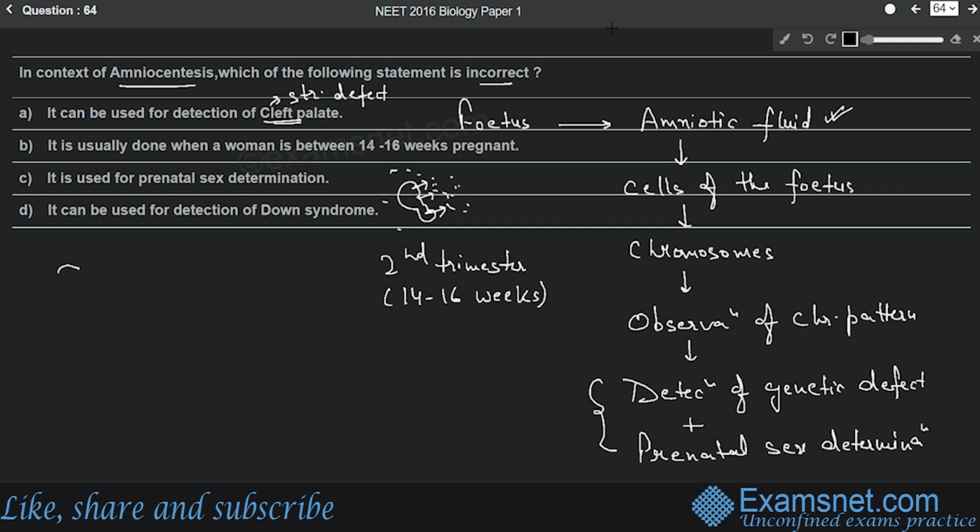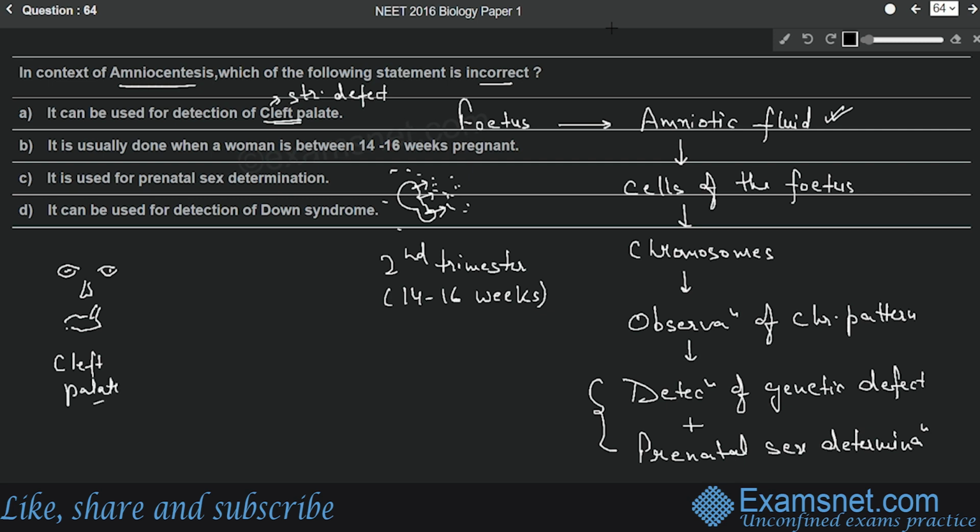For example, this is the face of the child. These are the eyes, nose, and here the mouth, the roof of the mouth is not complete. Instead, there is an opening here like this. It can lead to many problems, but this is a type of structural defect or developmental defect. So this is cleft palate.